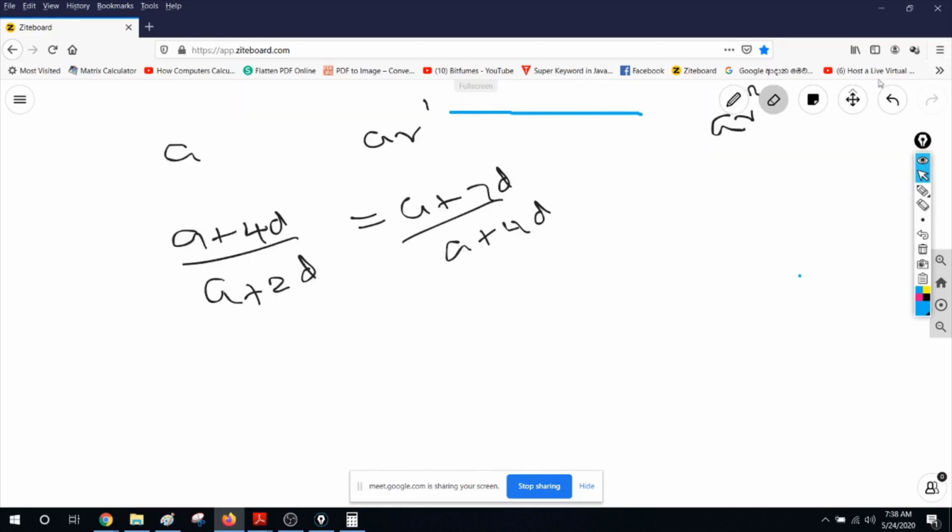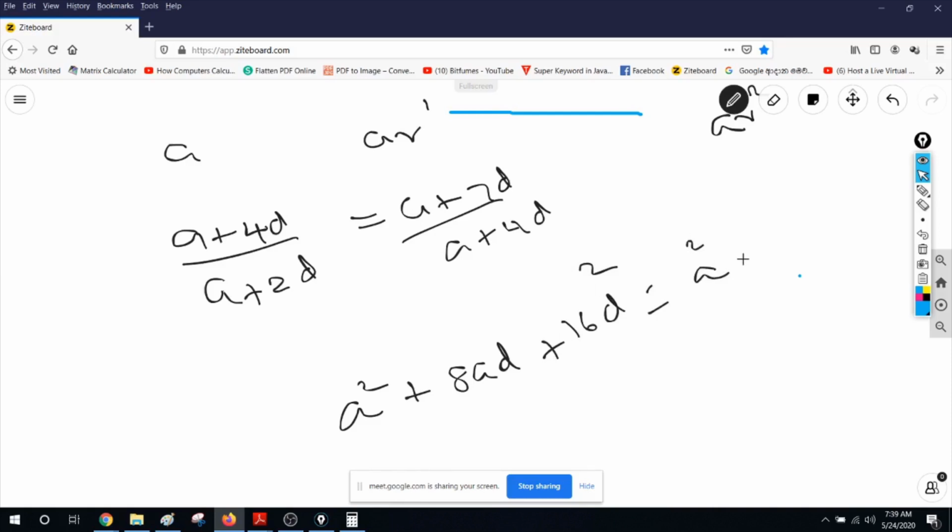So A squared plus 8AD plus 16D squared equals A squared plus 2AD plus 7AD plus 14D squared.